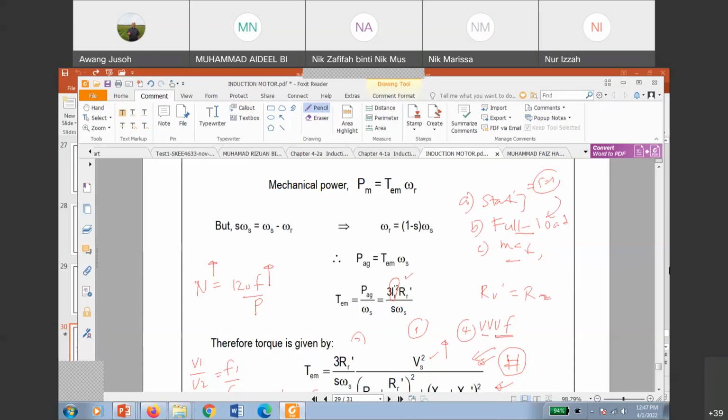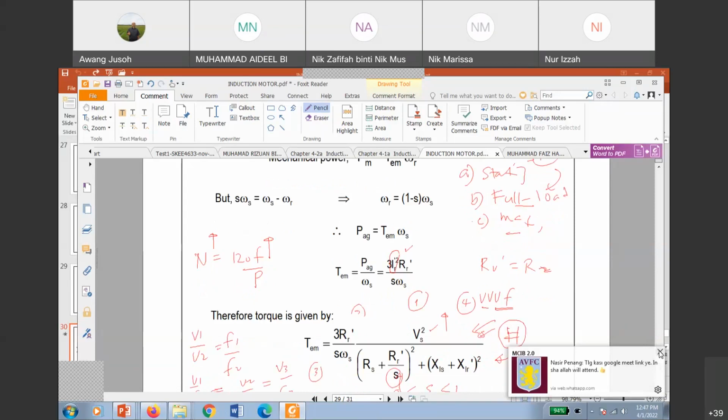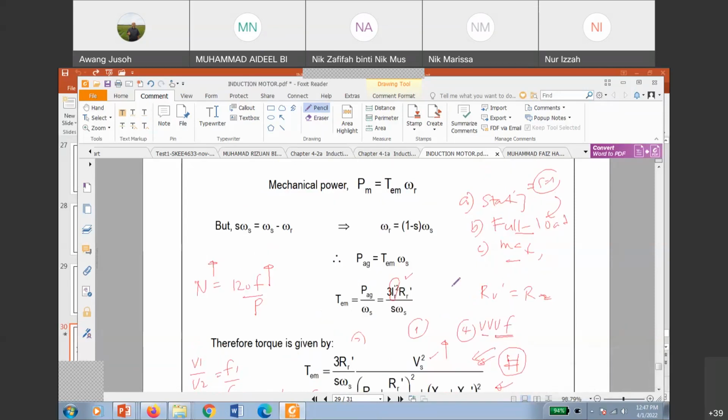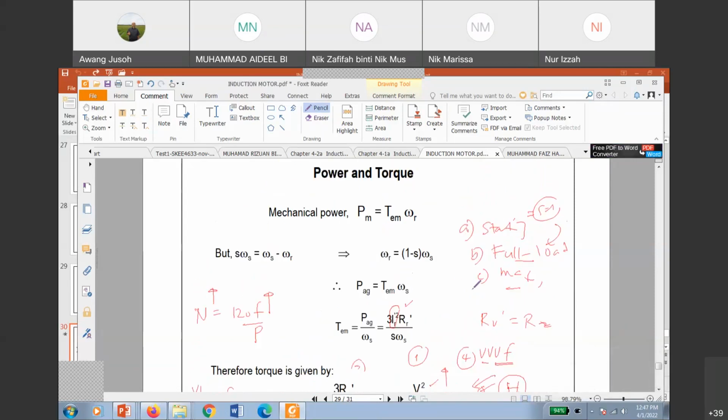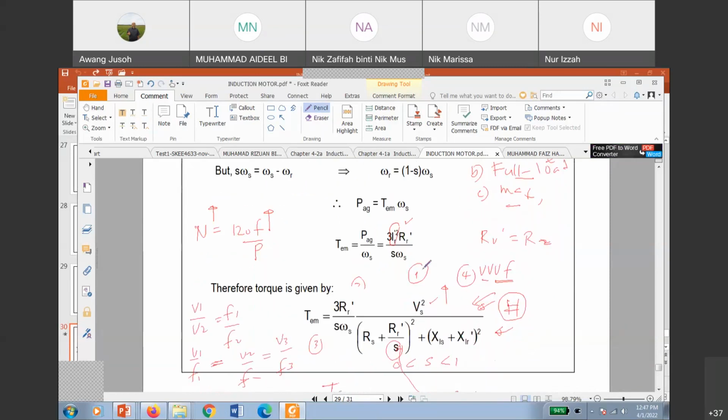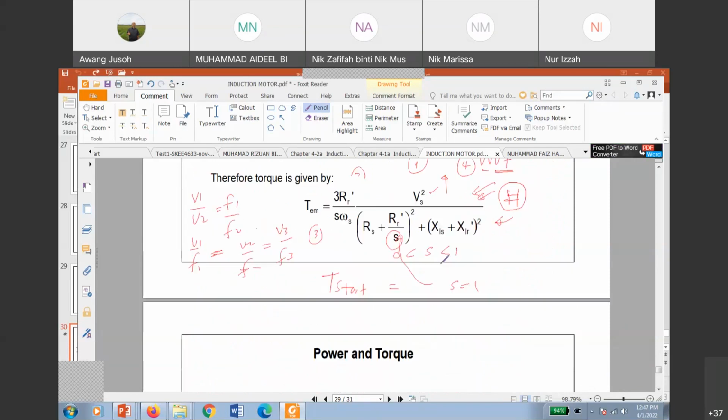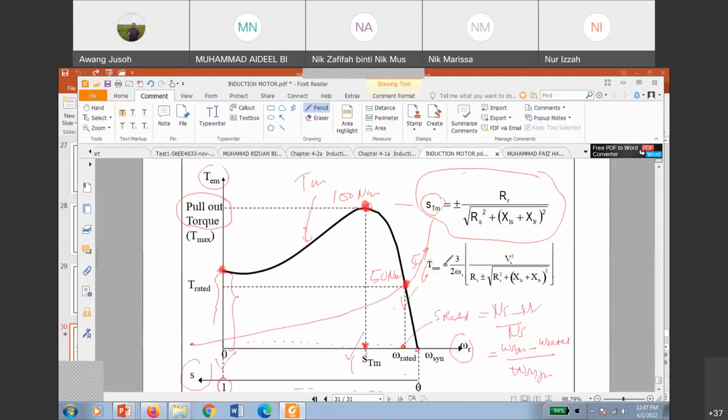Still one person does the same careless mistake like this. I don't know whether maybe they missed the class. I'm not very sure, but that shouldn't happen, because induction motor is one of the subjects where you can get a high mark. If you want to get a high mark, this is a part of it. The rest may be difficult for you. Okay, understand?